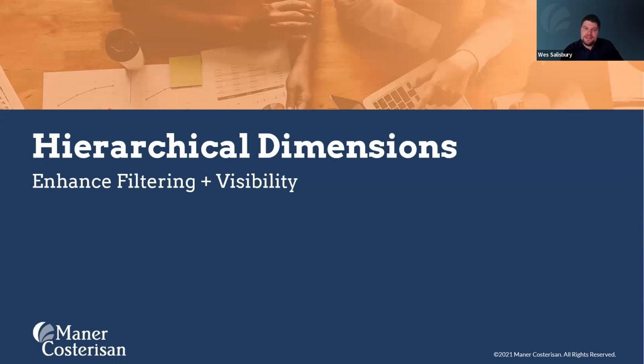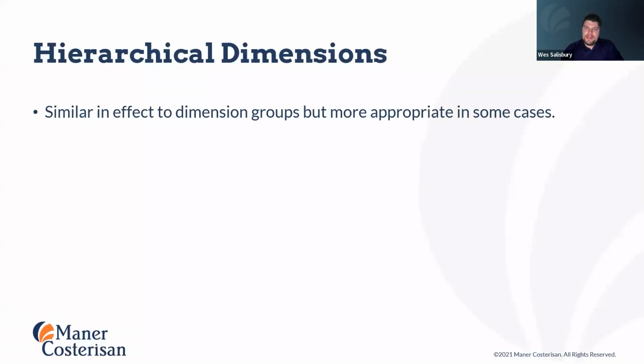But the last topic I wanted to cover real quick as part of this session today are hierarchical dimensions. And really, for the most part, the end result that you get from them is pretty similar to dimension groups, in the sense where both hierarchical dimensions and dimension groups allow you to roll up some subtotal categories.